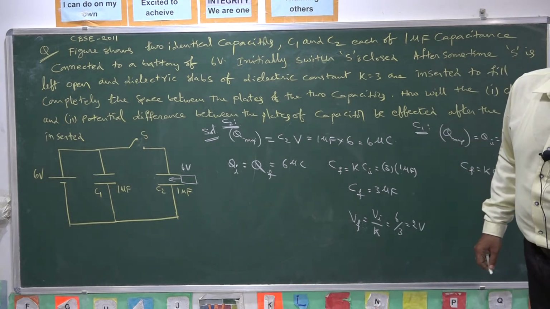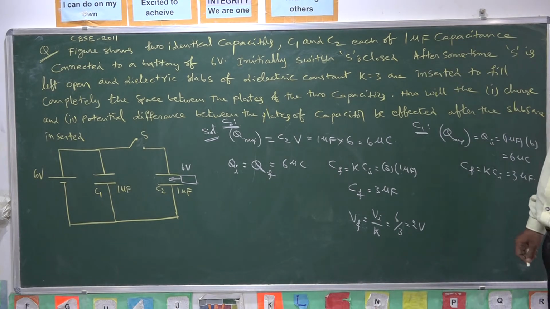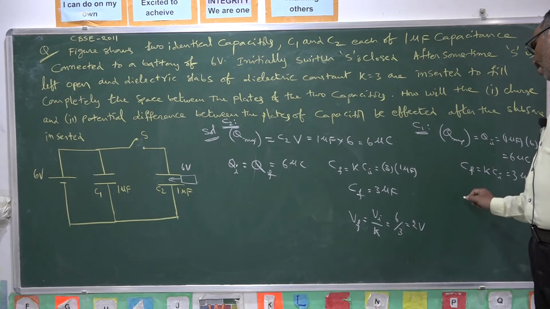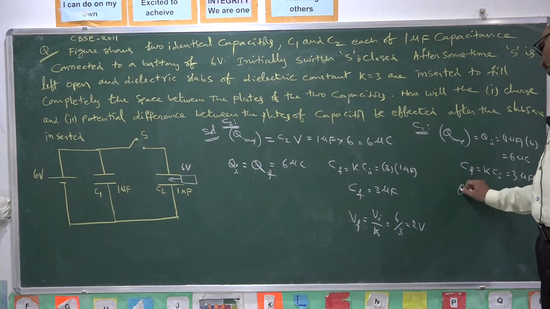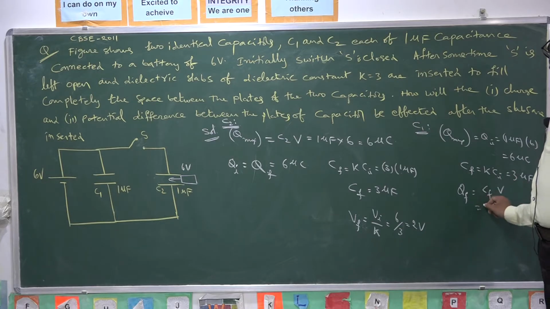As per the given problem, final charge is equal to final capacity into potential. Final capacity is K times the initial capacity, into potential.